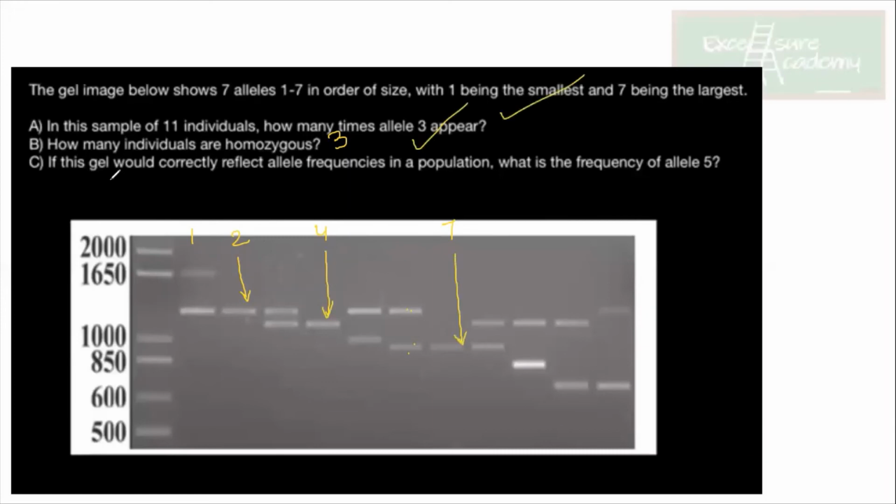Now what about the third? If this gel would correctly reflect allele frequency in a population, what is the frequency of allele 5? We need to find the frequency. How will you find it?